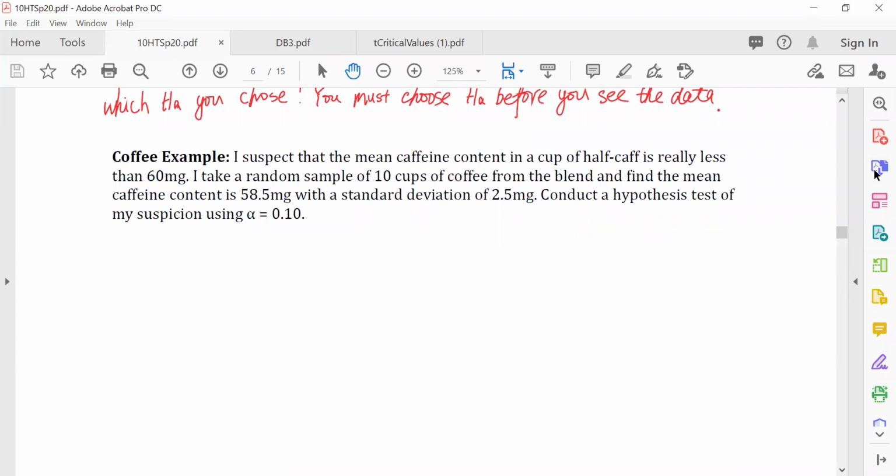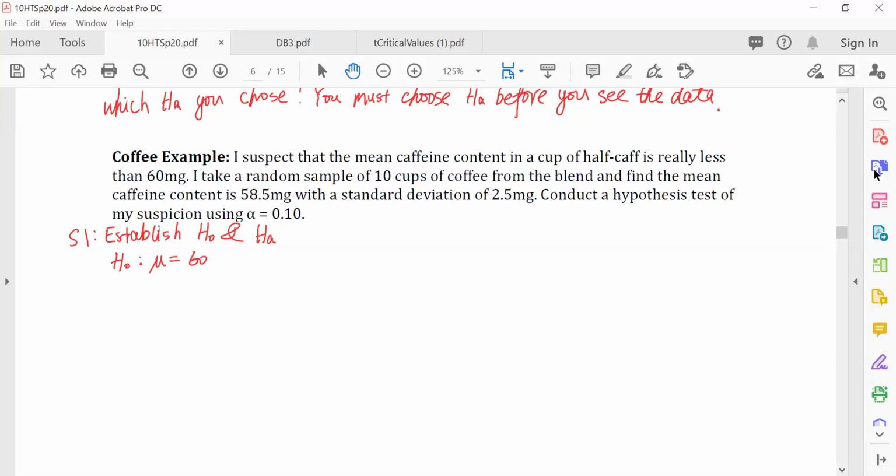Remember, we have talked about 4 steps when we do a hypothesis test, right? The first step is to establish H null and HA. So our H null is mu equals 60.